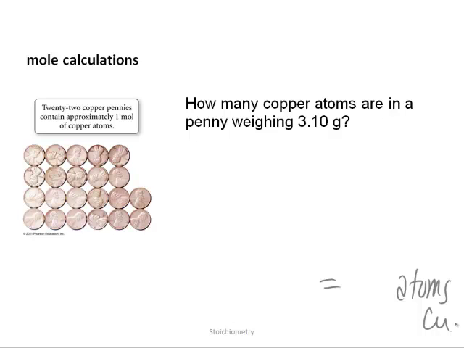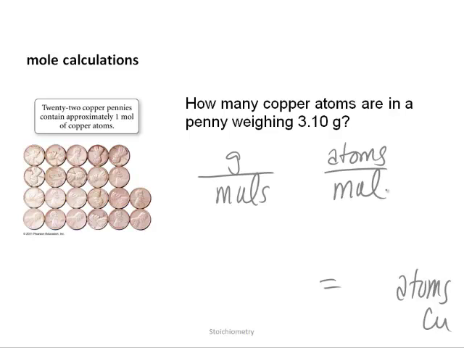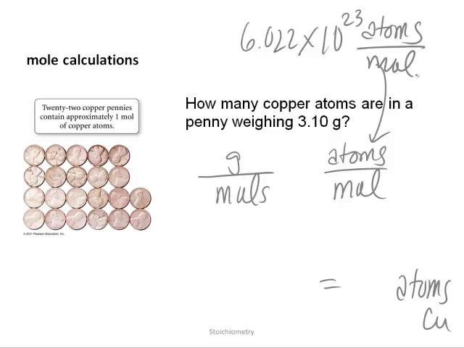So remember, we can have conversion factors with grams over moles, or moles over grams, and then of course atoms per mole, or vice versa. And of course we're going to need Avogadro's number here, so this is 6.022 times 10 to the 23rd atoms per mole.